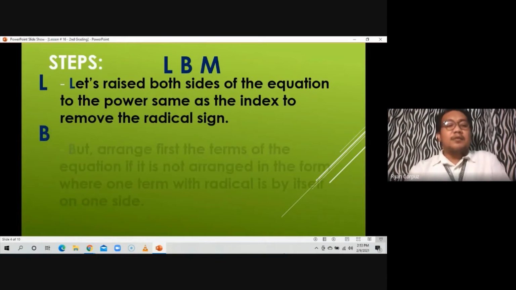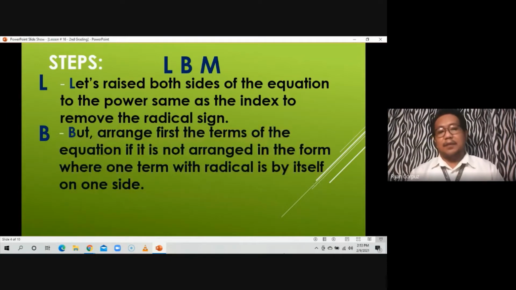B. So B here stands for but. But before you do that, arrange first the terms of the equation if it is not arranged in the form where one term with radical is by itself on one side. So, ganun daw. That one term with radical, that is the term na nandoon yung variable inside it as a radicand.